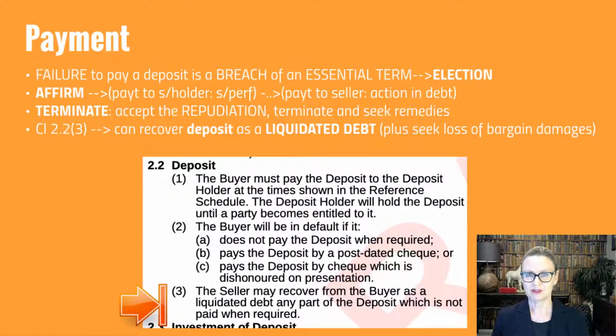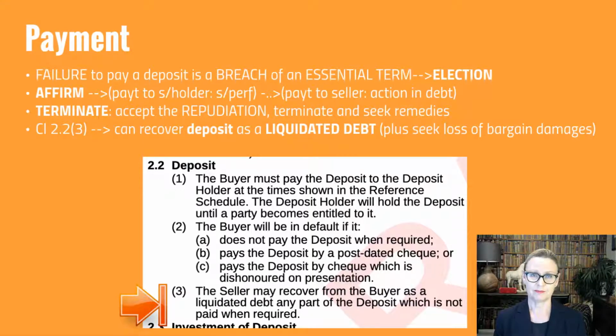Failure to pay a deposit is going to be a breach of an essential term, and that will give rise to the seller's right to elect, to decide what to do, whether they wish to affirm the contract and kind of push things uphill and try and get the purchaser to actually go ahead and pay their deposit. How they go about doing that will really depend on whether the deposit was going to be paid to a stakeholder or to the seller themselves.